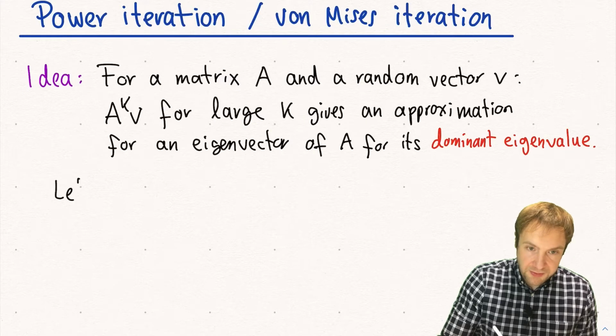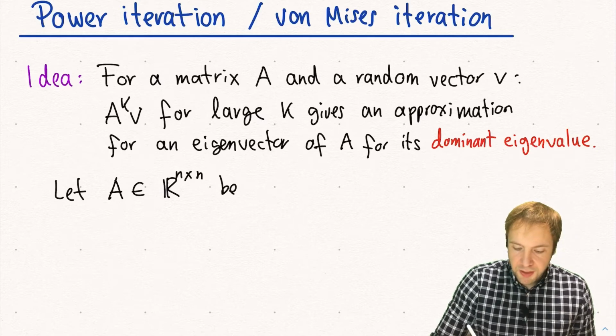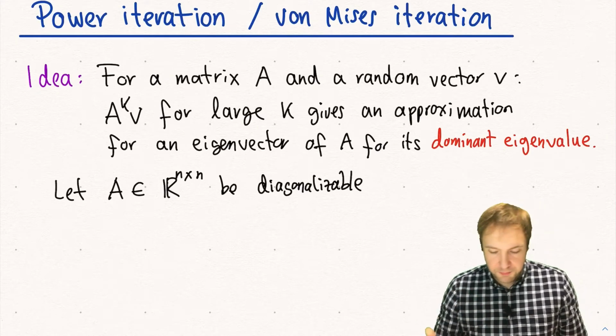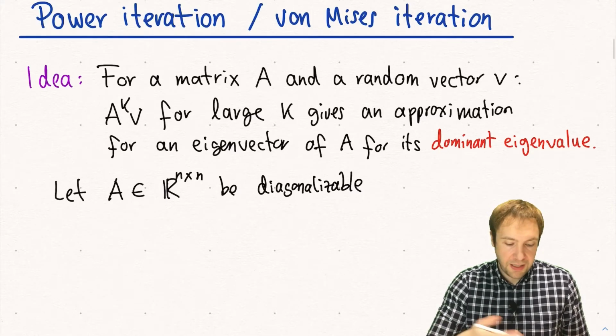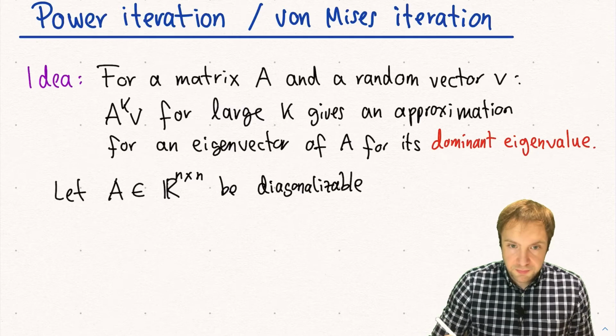So let's now consider an n by n matrix which is diagonalizable, meaning we can find a basis made out of eigenvectors, and then we can bring this A into a diagonal form where the eigenvalues are on the diagonal.